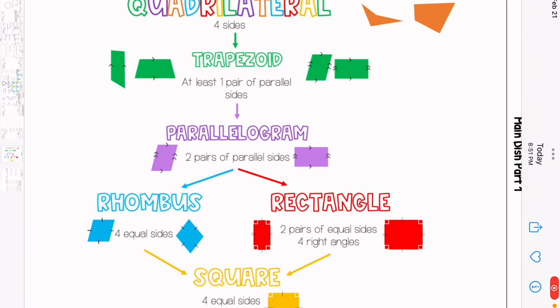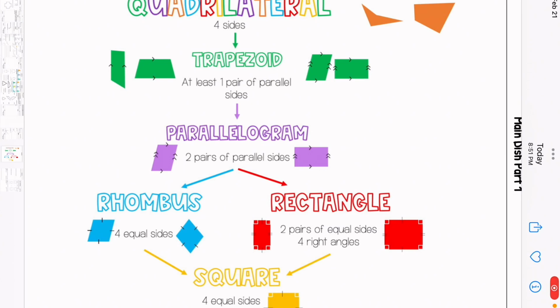If it has 2 pairs of parallel sides, we can actually get even more specific and call it a parallelogram. So still a type of quadrilateral, but instead of just being a 4-sided shape, 2 of the side pairs are parallel. So looking at, we've got our rhombus off to the side, and we've got a rectangle that show that example.